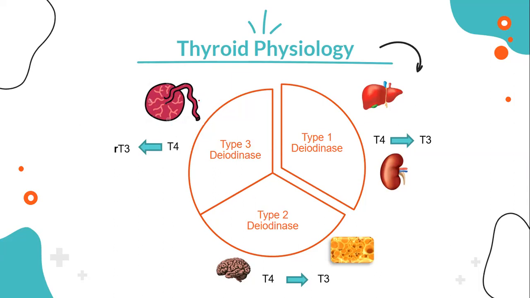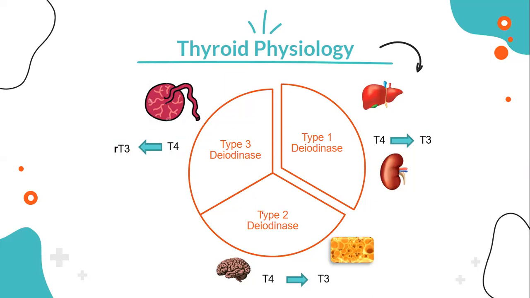So the blood would go through the vessels, reach the organ, and this organ has the type 3 enzyme, and turns the T4 into a different type of T3.